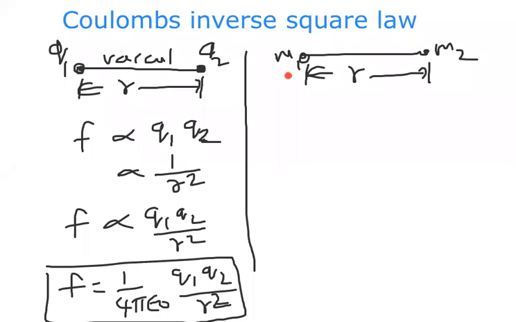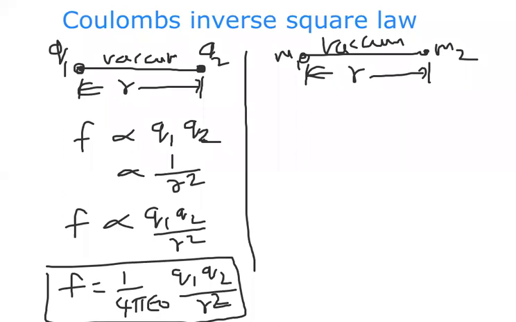Here, small m1 and m2 are pole strengths. The poles are separated by distance r. We are again discussing the topic in vacuum. So in vacuum, what will happen here?